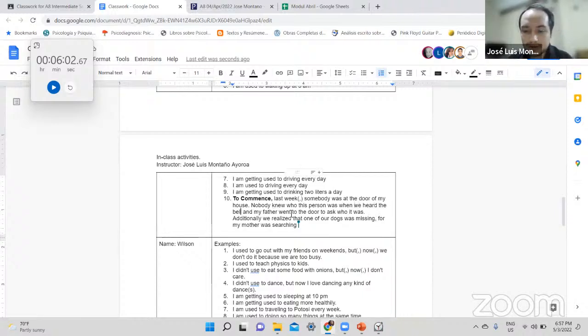Why we need a comma here? I'm putting it in parentheses, but it's going to be over there. Why? Because this is one complete idea, even a complex idea, comma, you have and, coordinating conjunction, and you have another complete idea. My father went, subject verb, right? My father went to the door to ask who it was.